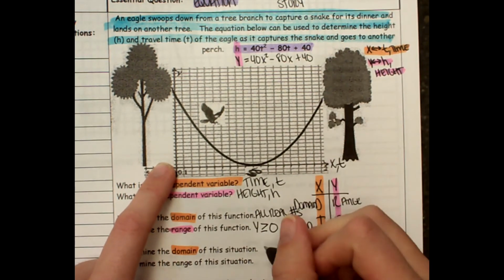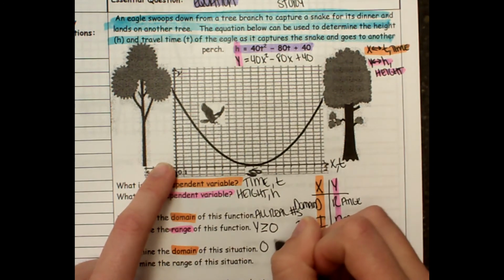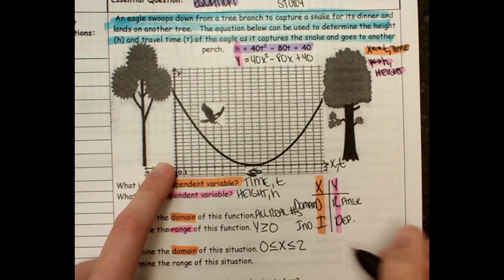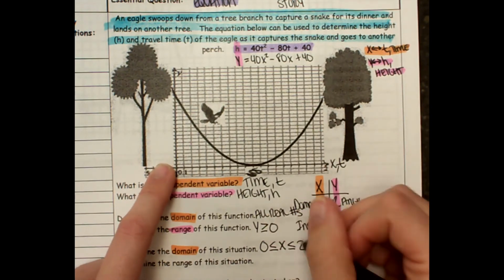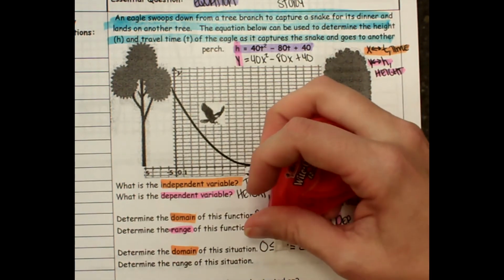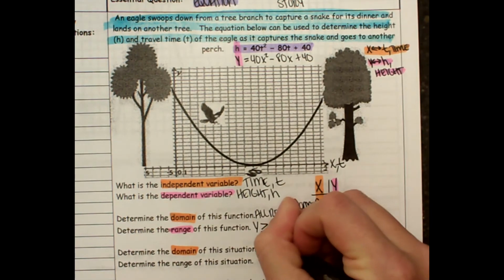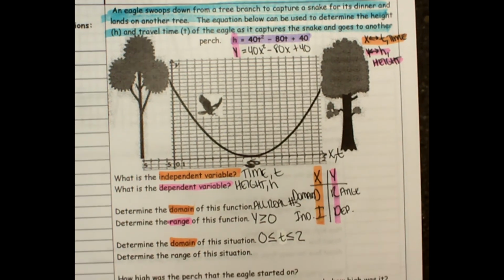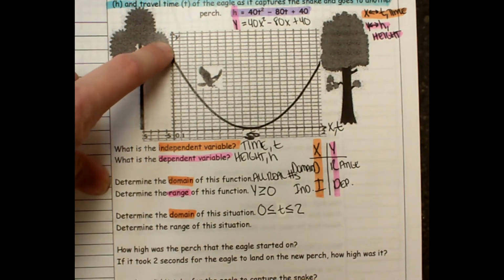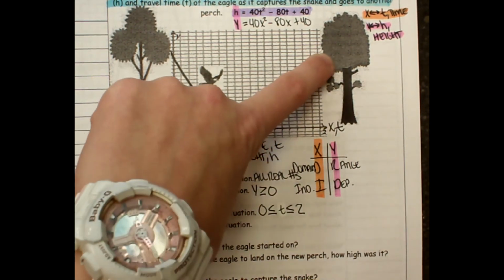and then he continued on for 2 seconds to land back in your tree. So for the domain, he started at 0. So x is greater than or equal to 0, but less than or equal to 2. And we should say that it is t for time. And then my range is that he started at 40 feet. He flew down to 0 feet to get the snake, and then he flew back up to 40 feet.